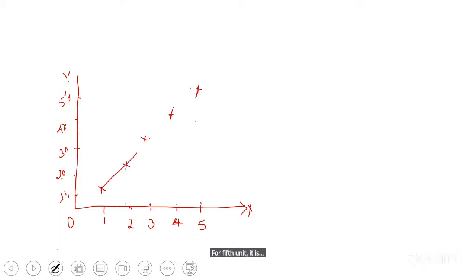So you can see an upward sloping line. And price for the first unit 10, second unit 10, third unit 10, fourth unit 10, fifth unit 10. So price is equal to AR, which is equal to MR.